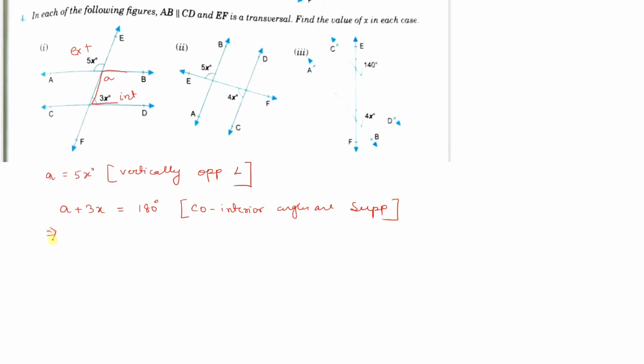Write down the value of A, that is 5x plus 3x equals 180. Next you have to solve the linear equation. 8x equals 180 degrees, x equals 180 by 8. Do the cancellation, 4 2s are 8, 4 4s are 16, 4 5s are 20, so the answer will be 22.5 degrees. The value of x is 22.5 degrees.